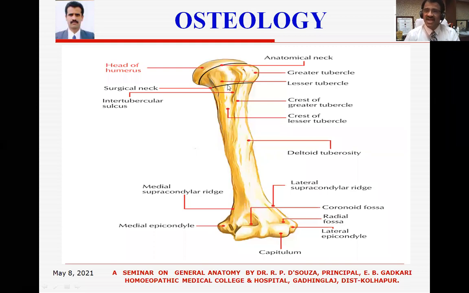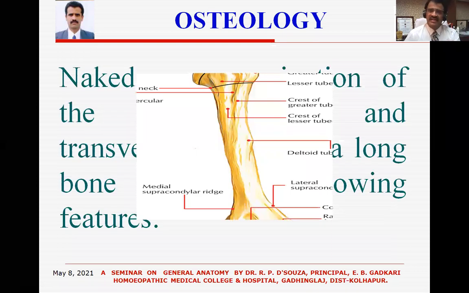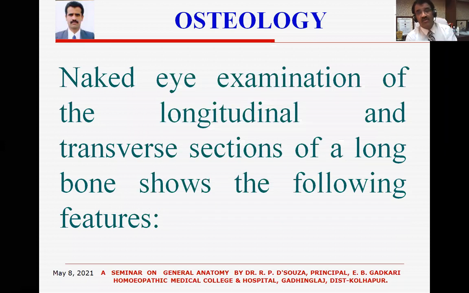This is called a shaft, and it has two ends, one end and the other end here. And you can see different other characteristics present on the humerus, features of the humerus that we will study at the time of particular study of the humerus. The long bone looks like this, and we have to understand the details of the structures of long bones.